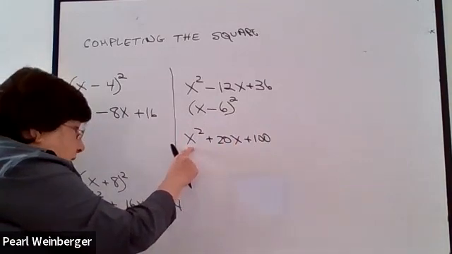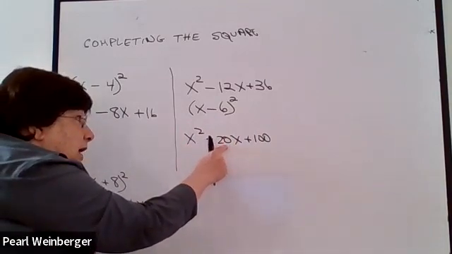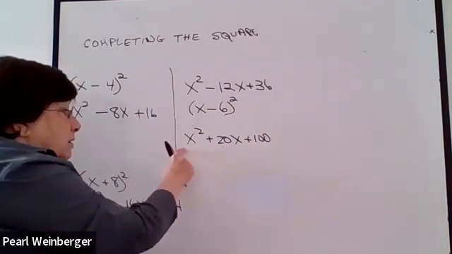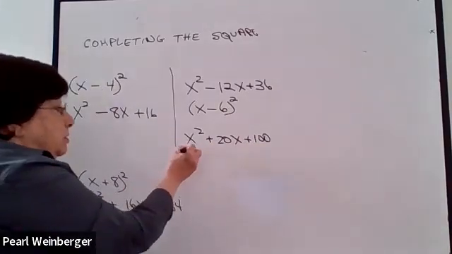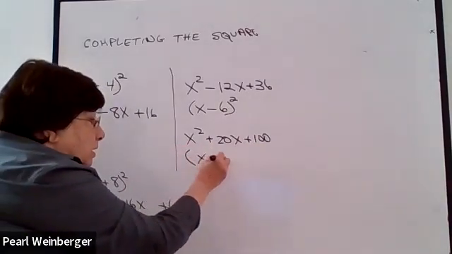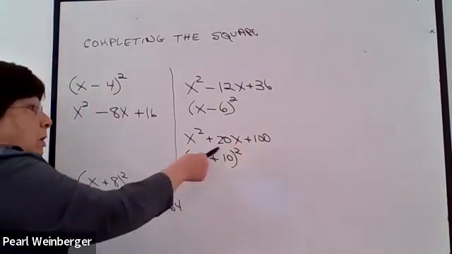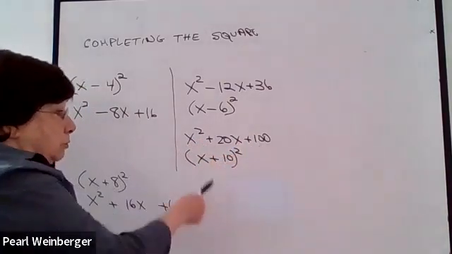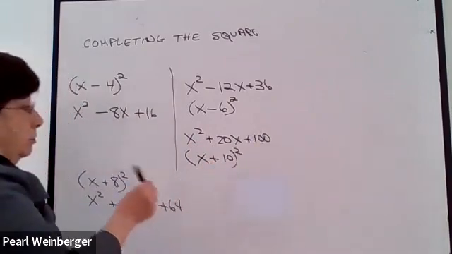Here this is just x times x. Half of this is 10, and 10 times 10 is 100. This is a perfect square binomial. This is x plus 10 squared. How do I know? Because half of this number, squared, is this number. Half of 20 is 10. 10 times 10 is 100.